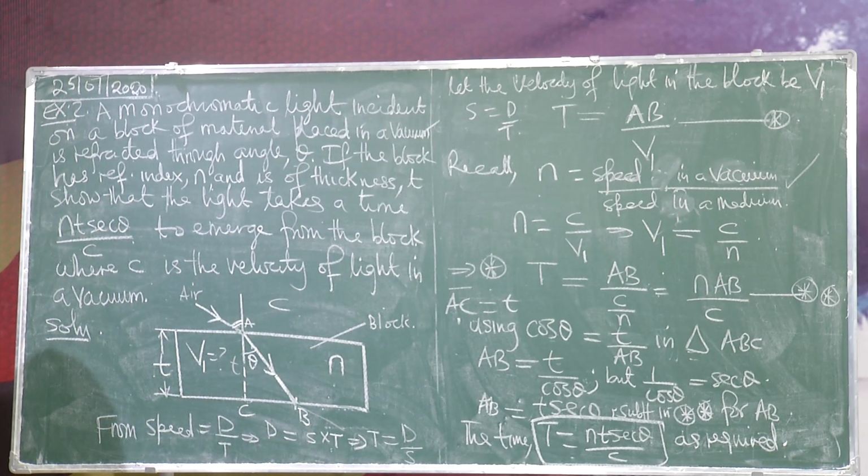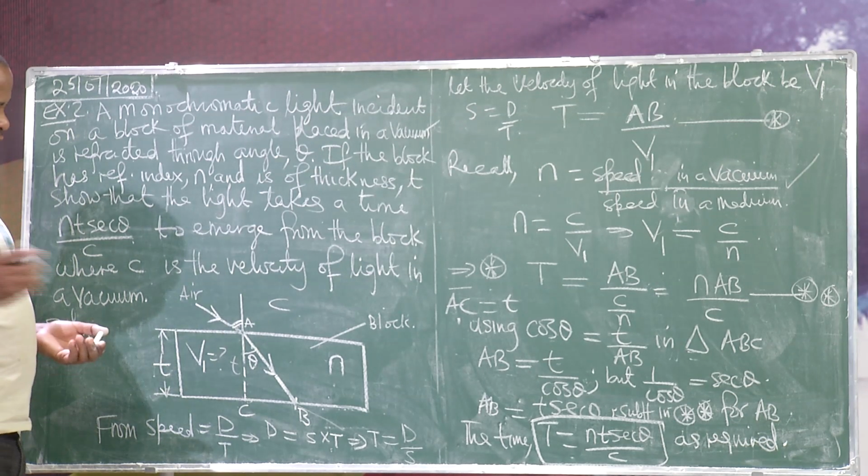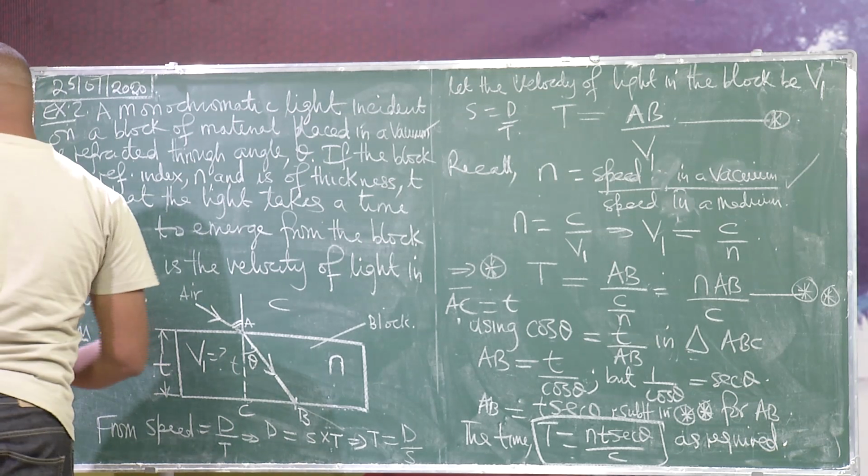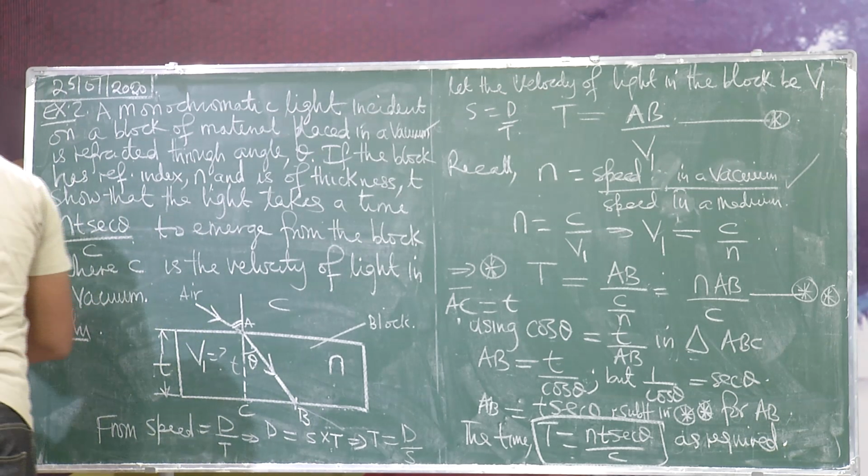I am assuming those capturing that are almost done, so that we can take a look at our next example, which I'll call question 3. We are basically applying the knowledge of Snell's law, or n sin i is a constant, in almost all the questions we are doing.